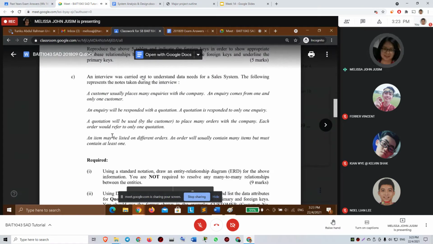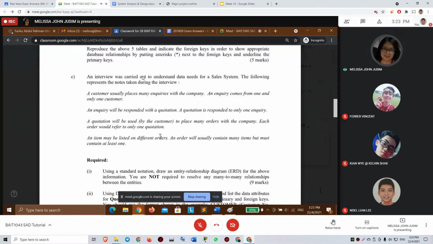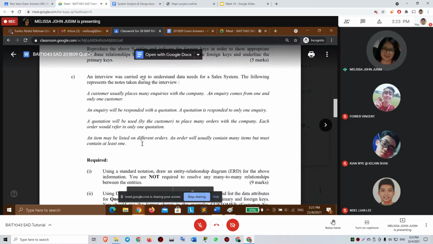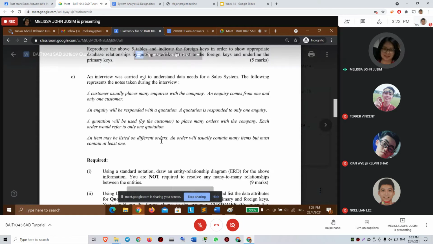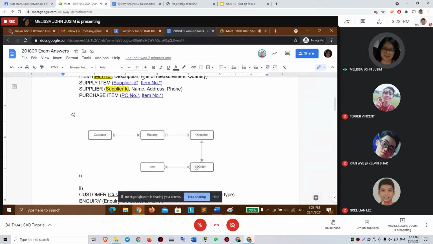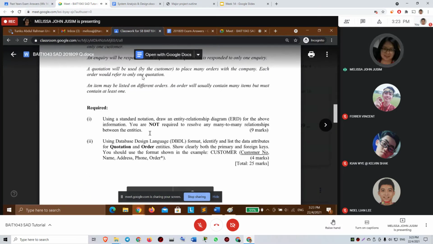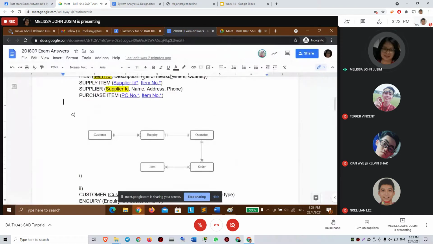Next, an item may be listed on different orders, and an order will usually contain many items, at least one, so definitely a many to many relationship. So order, item, many to many. Not required to resolve, so that's why we still have this many to many.